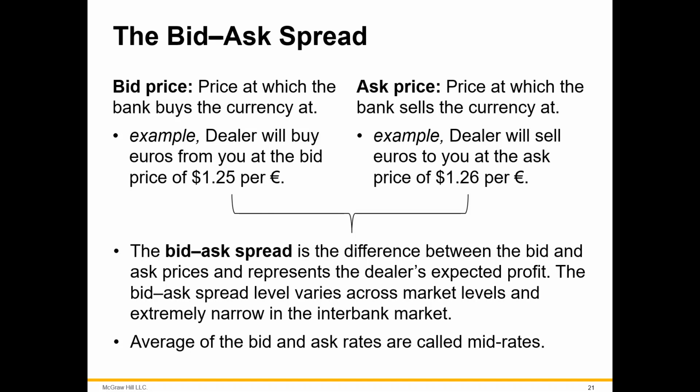And so that's how those entities make a profit for manning the phones and actually doing the transactions. Also, they just make the market in those currencies. They're not trying to speculatively trade on those currencies.